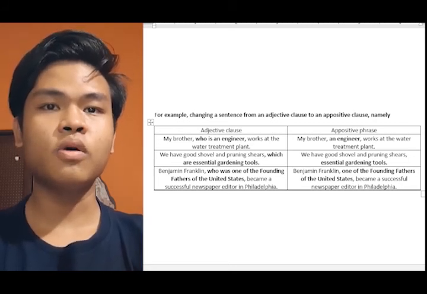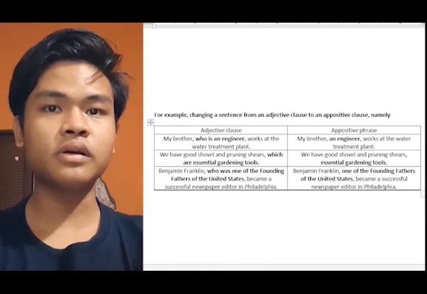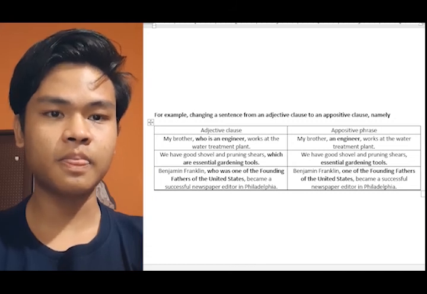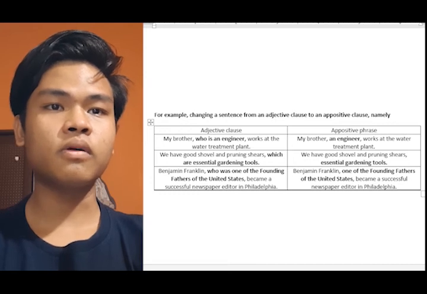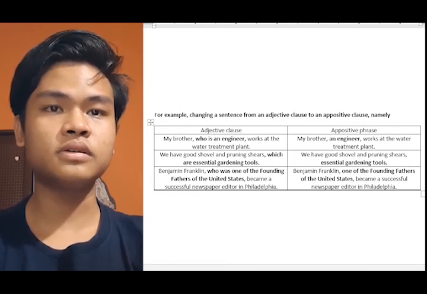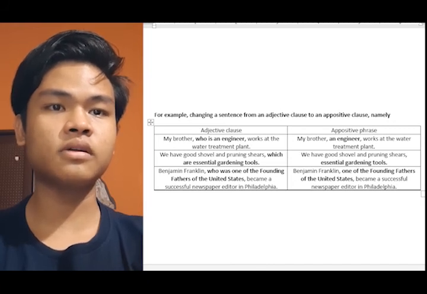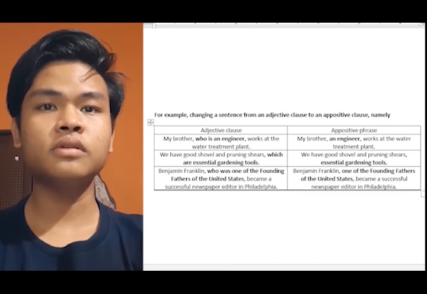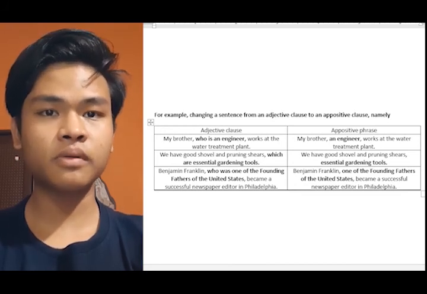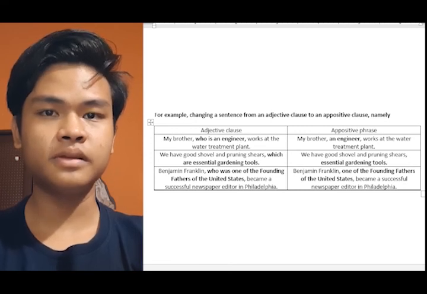Benjamin Franklin, who was one of the founding fathers of the United States, became a successful newspaper editor in Philadelphia. To an appositive phrase: Benjamin Franklin, one of the founding fathers of the United States, became a successful newspaper editor in Philadelphia. We eliminate who as the relative pronoun and was as the verb be.